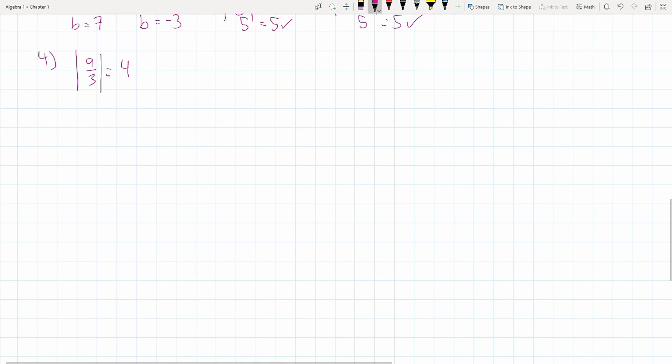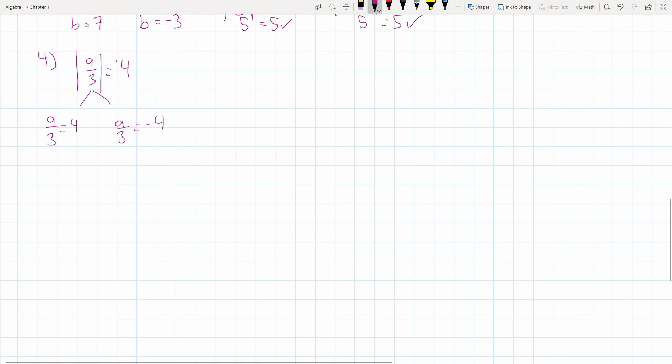In this case, yes, it's isolated. What I mean by isolated is there's nothing around the absolute value sign that's not inside of it. The next thing I ask is, the number that we're equaling, is it a positive or a 0? And the answer to that is yes. So what that means is we need to do this split. So I get a over 3 equals 4, and a over 3 equals negative 4.